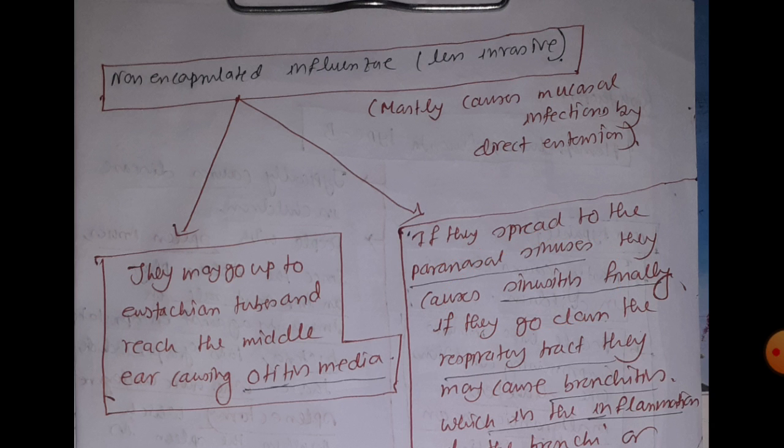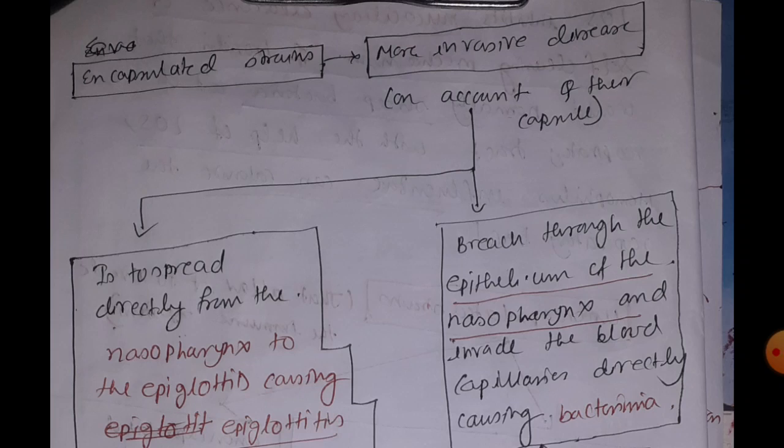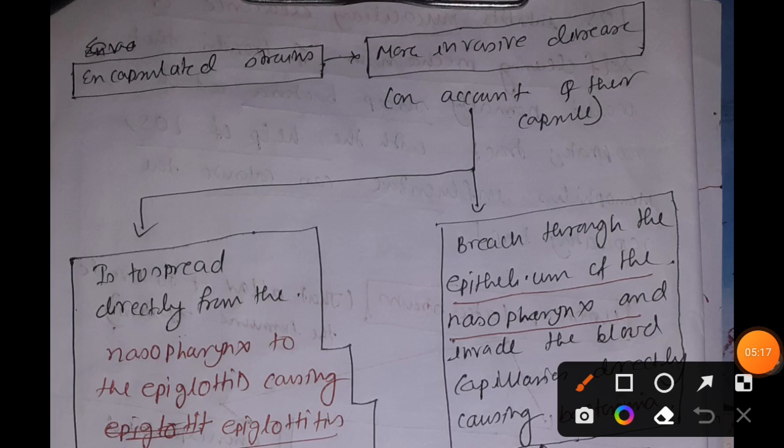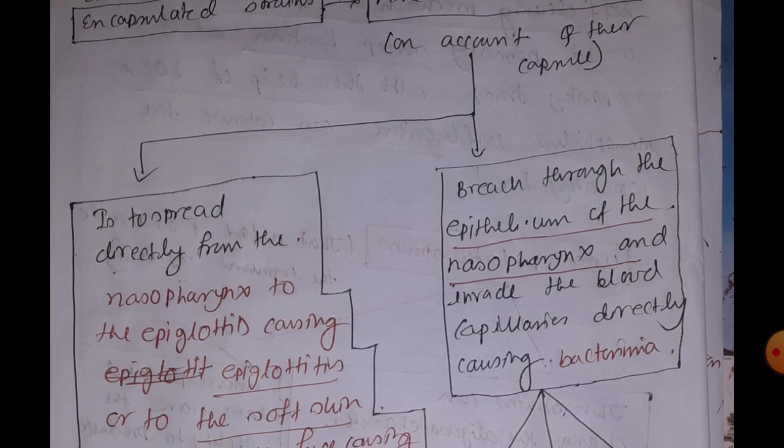So in the first case we have seen the encapsulated strain. This encapsulated strain has the ability to cause more invasive disease due to the presence of the capsule. They can spread to the epiglottis causing epiglottitis, they can spread to the smooth skin tissues of the face causing cellulitis, and they can also breach the epithelial cells of the nasopharynx, invade the blood capillaries and enter the blood, and the presence of bacteria in the blood is known as bacteremia.